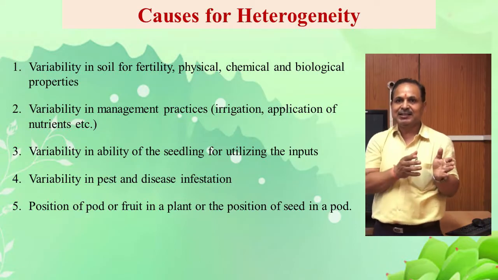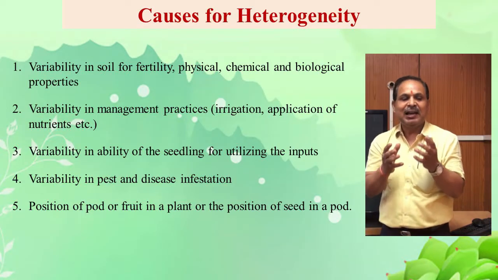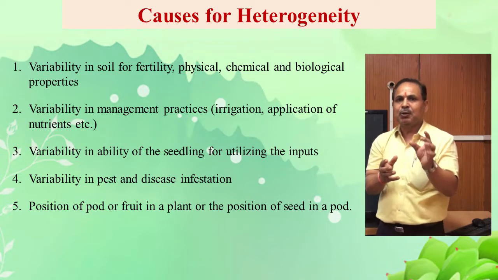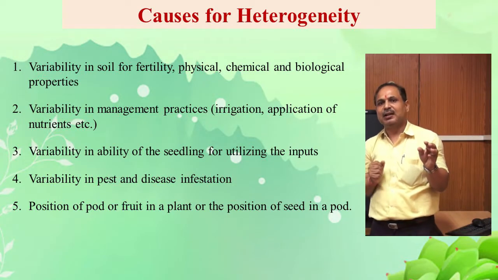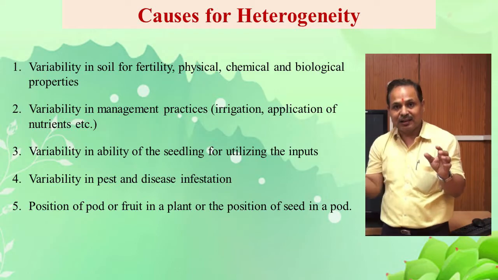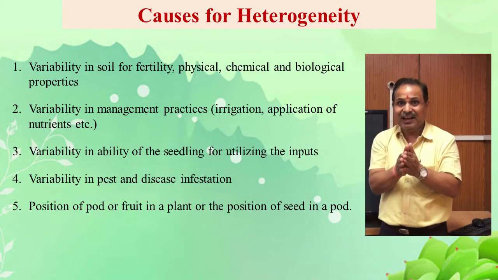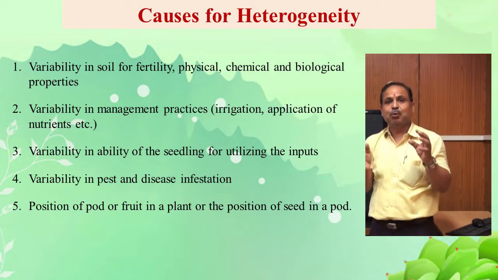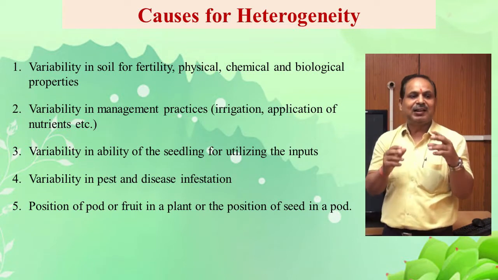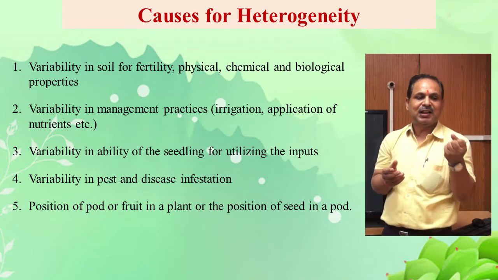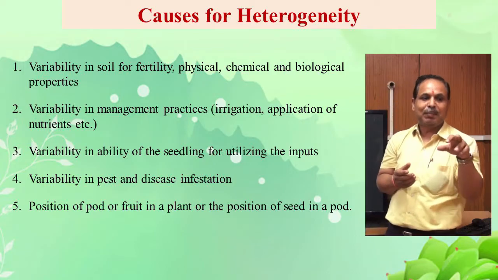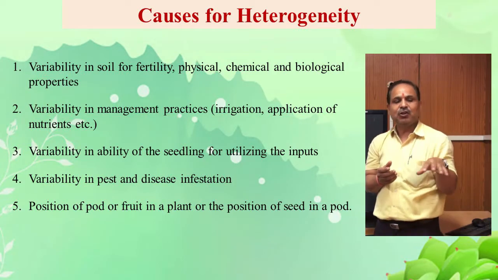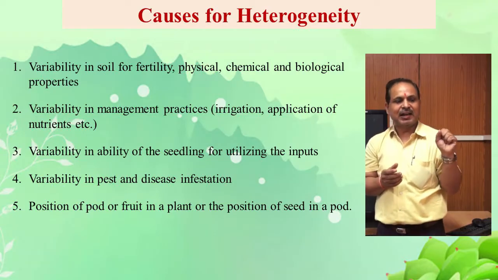If we provide fewer irrigations to one crop than to another seed crop of the same variety, the produce will vary in quality, size, and shape, and the production is also affected. So application of irrigation and nutrients comes under this category.